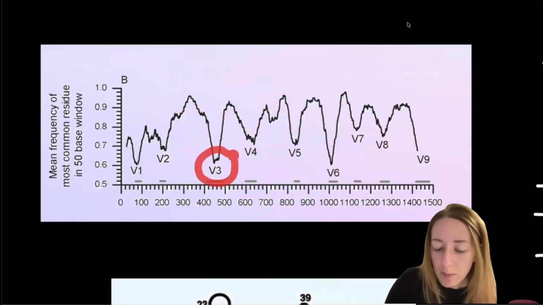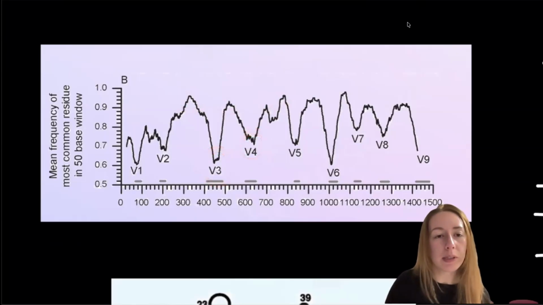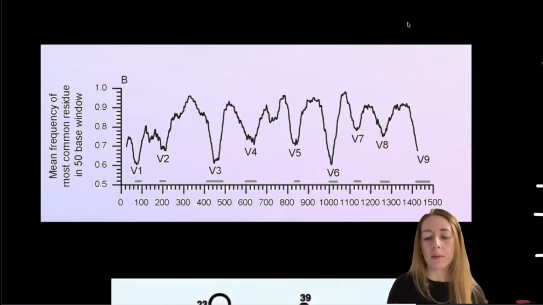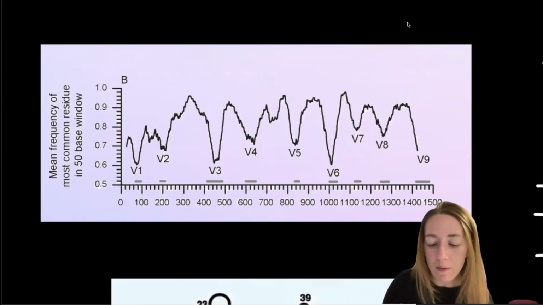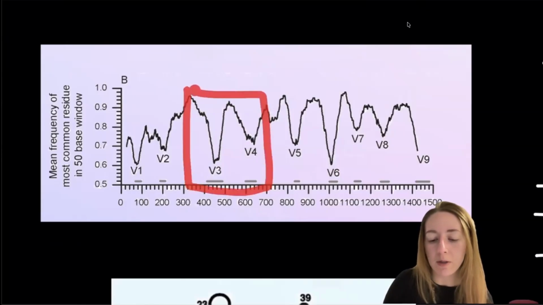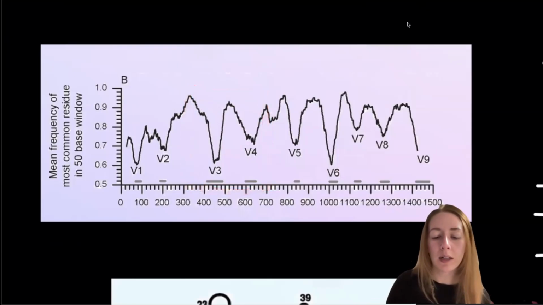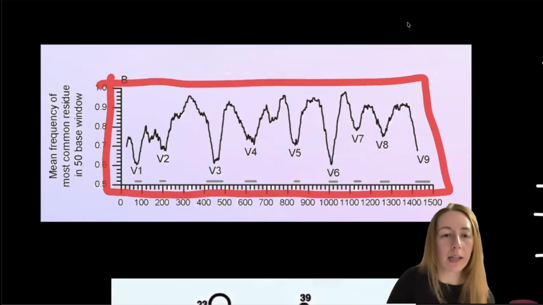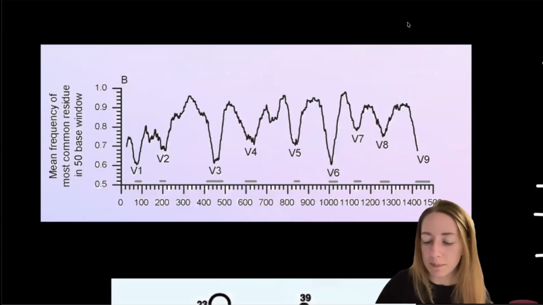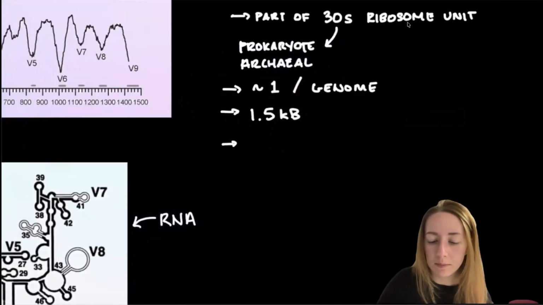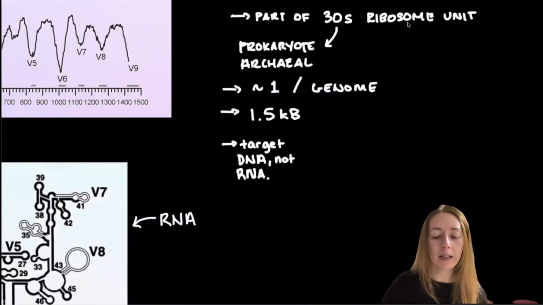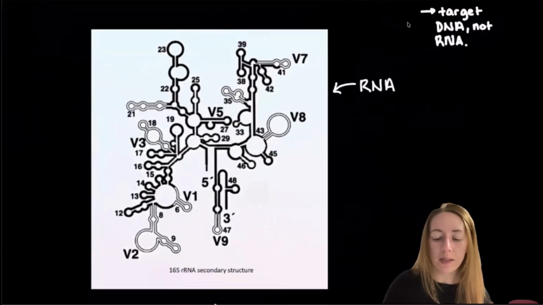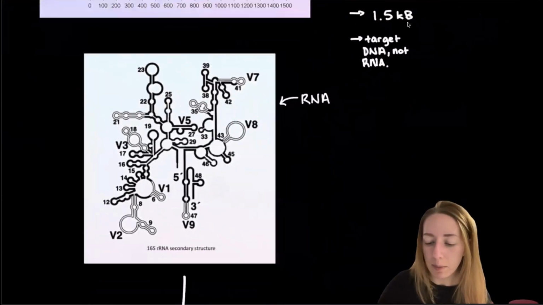But here, these variable regions, because we also want to cover the variable regions, those are what's going to tell you who's who. That's what really differentiates between the microbes, these variable regions. However, even if you just take this part right here, you're still not going to get species level resolution. To really understand which species are there, you have to be really specific, which means taking into account the entire length of the 16S gene. Okay. And also just to emphasize that we are targeting DNA, not the RNA, despite it being used as an rRNA, right? Here's the example.